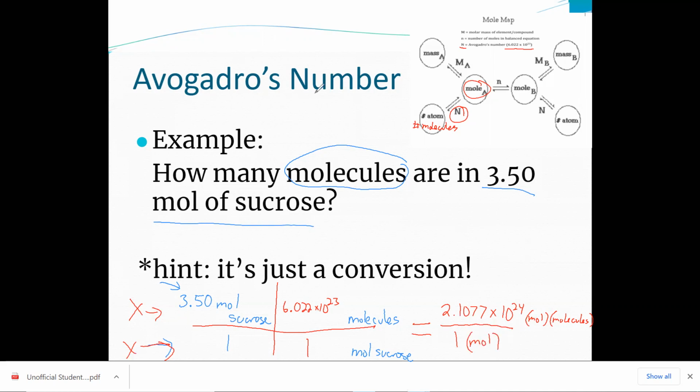Now what we have to do is start crossing stuff out. Our moles cancels our moles. Anything divided by 1 is in fact itself. And we have to put sig figs in the equation. So in our problem, this has 3 sig figs, so our answer should have 3 sig figs, and we are going to go ahead and round this number to 2.11 times 10 to the 24th molecules.